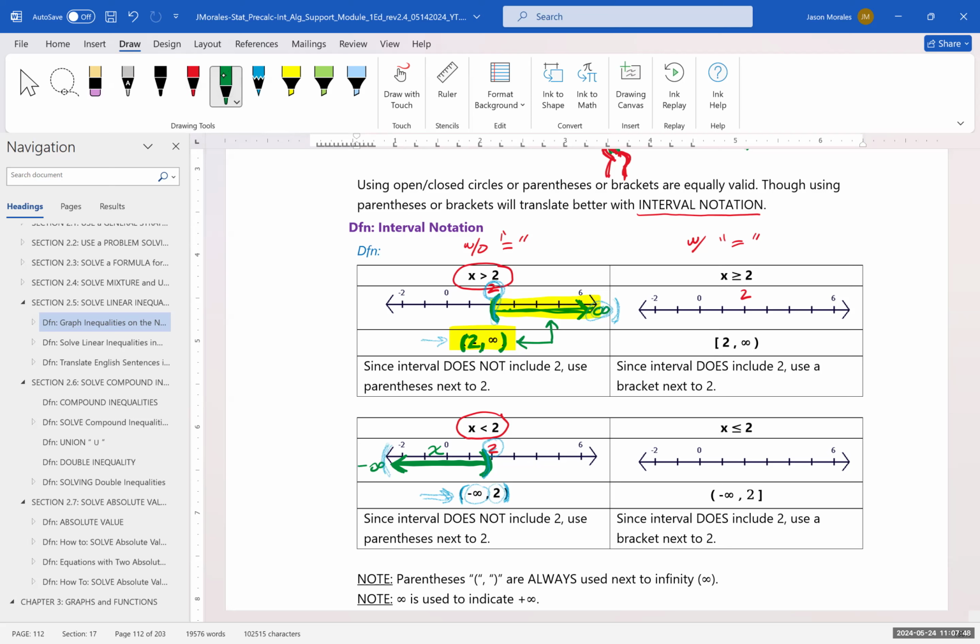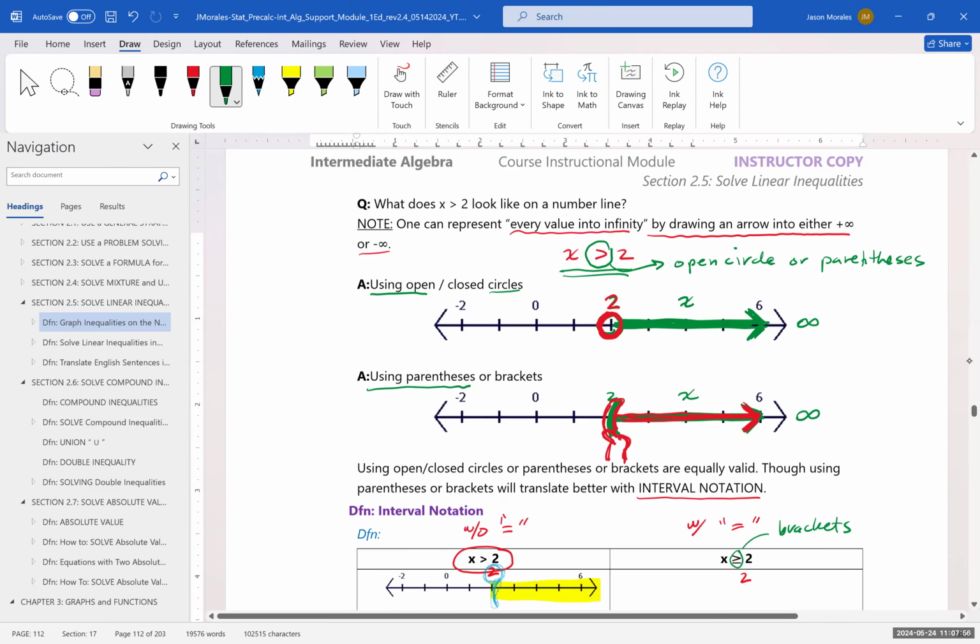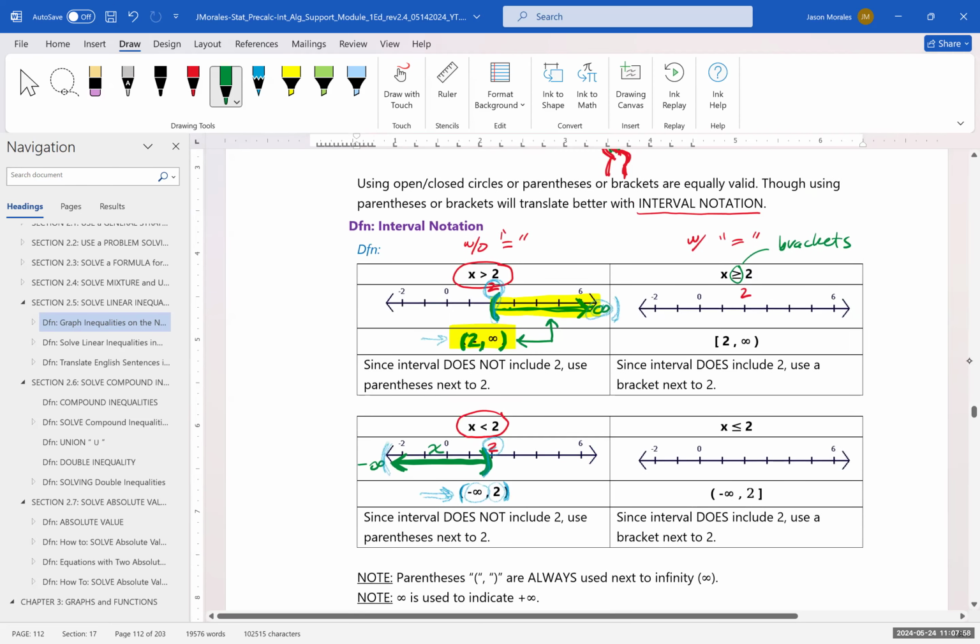Because we've got x greater than or equal to 2, now we're going to use brackets. Since we're looking at values greater than 2, that's going to be an arrow going to positive infinity.